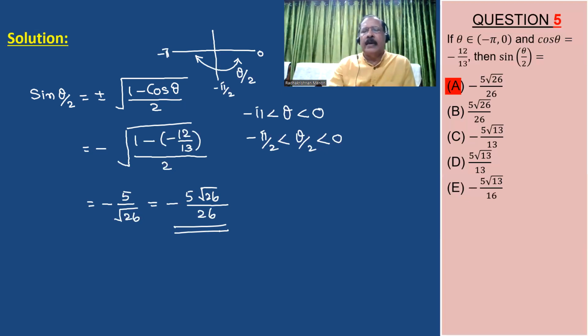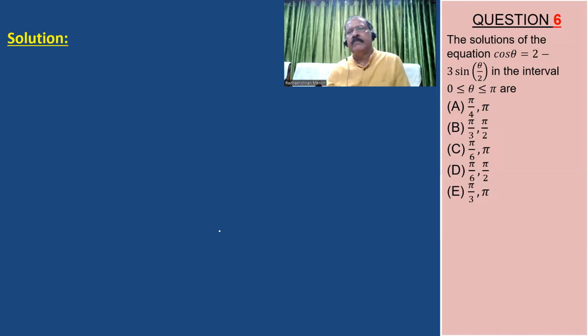Let us go to the last question which was asked last year. Cos theta equal to 2 minus 3 sin theta by 2. Okay, you have to solve it.